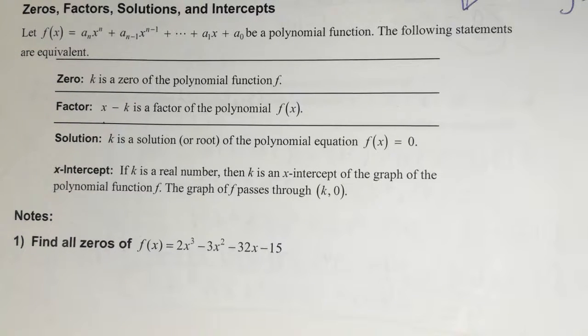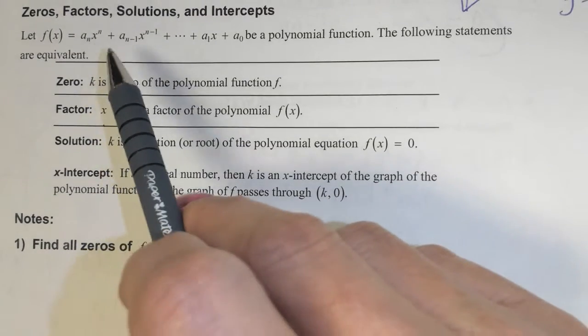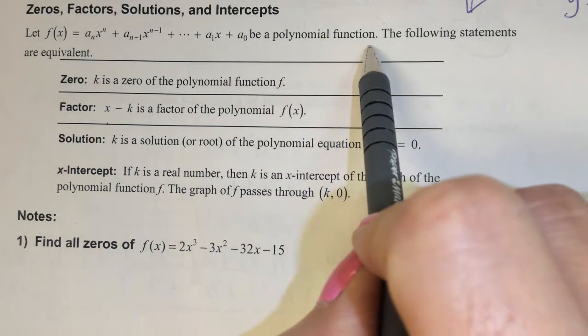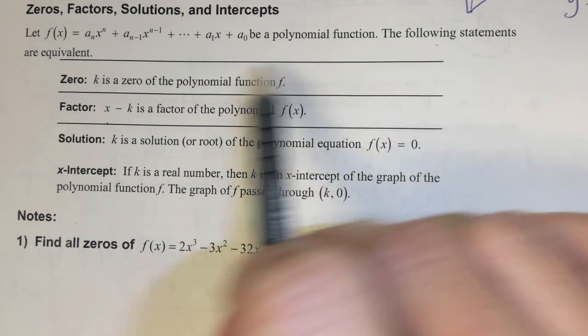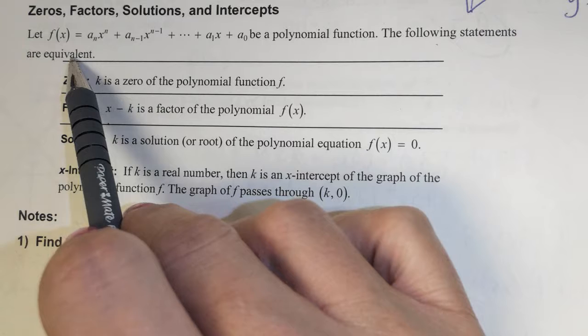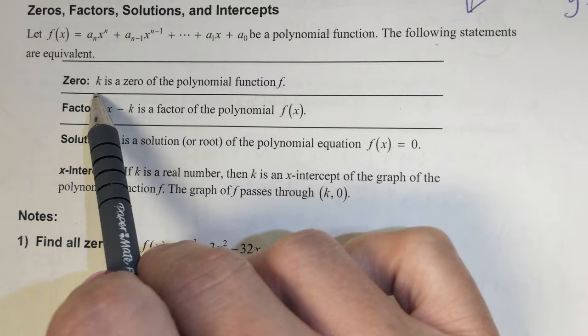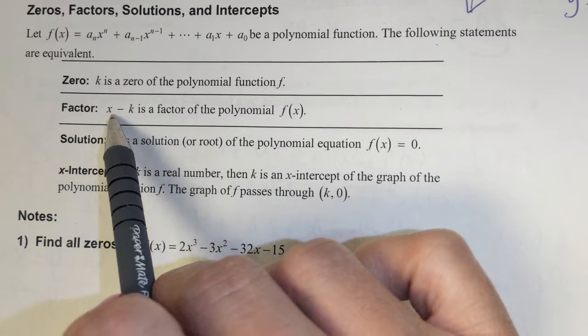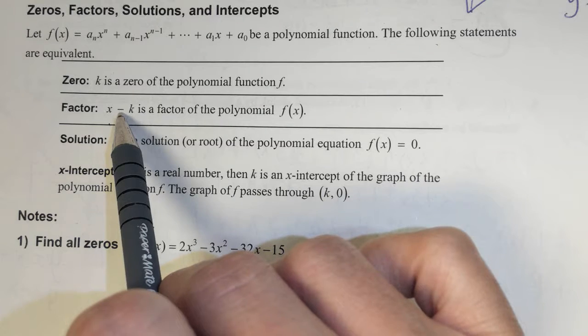Okay, we're taking a look here at section 4.8, part 1, and we're starting down here at the middle, and it says, if we have a polynomial function, the following statements are equivalent. So you need to understand that if k is a 0 of the polynomial function, that also means that x minus k has to be a factor of the polynomial.